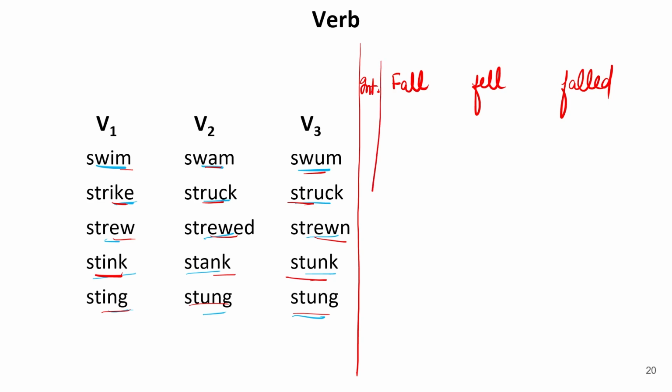I have already told you the concept of intransitive and transitive. For example, she fell down. So who did fall? She. So she is the subject and fell is the verb. So this is an intransitive verb.